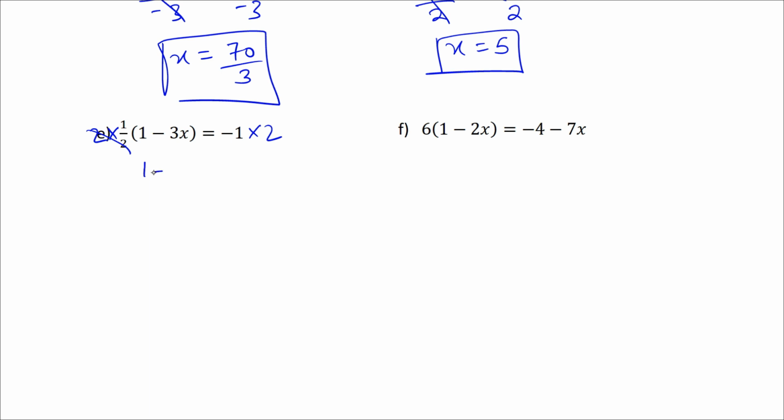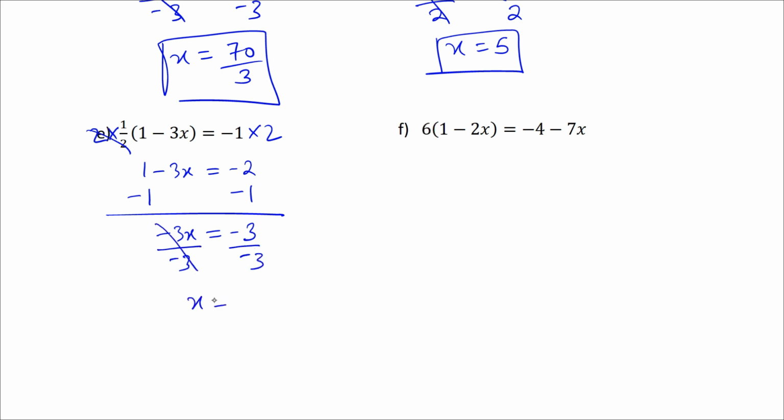So you'll end up with 1 minus 3x is equal to negative 2. And then we want to be left with x alone. So let's get rid of this 1. Subtract 1 from both sides. So you'll end up with negative 3x equal to negative 3. And then the opposite of multiplying by negative 3 is dividing by negative 3. So x will be equal to 1.